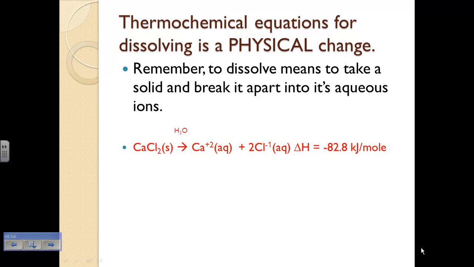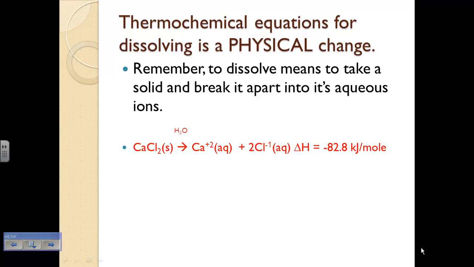When calcium chloride is in a solid phase, it's hooked together. When it's placed into water, the ions separate through the dissolving process. I create a solid on the left and I break it apart into aqueous ions on the right. The water sits on top of the arrow just to show that it's dissolving into water.